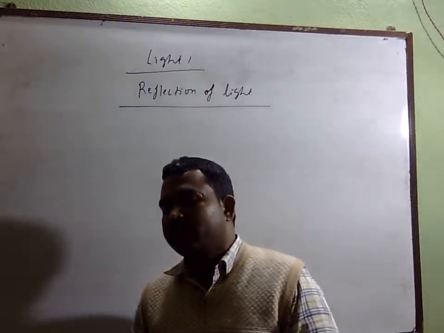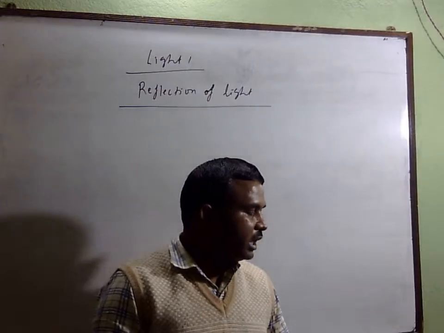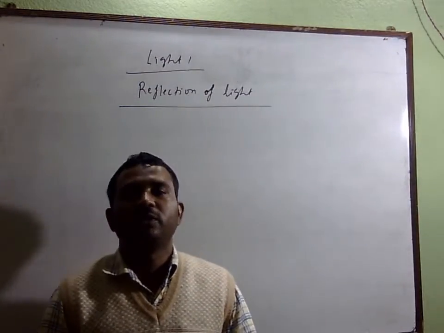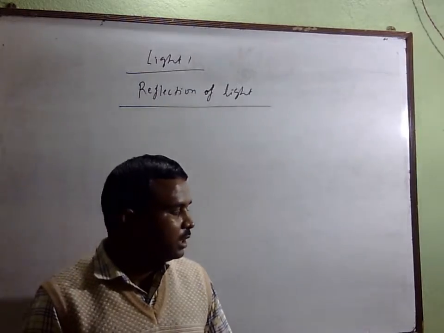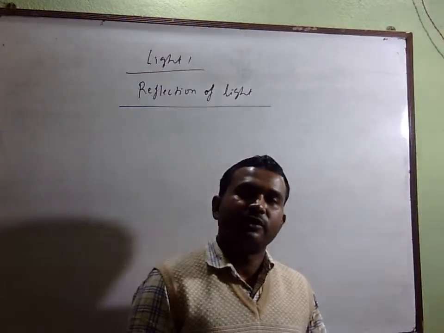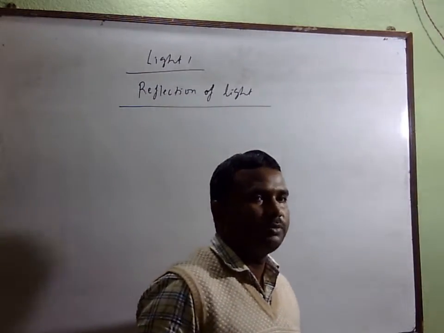You know that very well. Light is very important for human beings, not only for humans but for all creatures. If there is no light, there is no life. Definitely, if there is no light, we cannot survive.